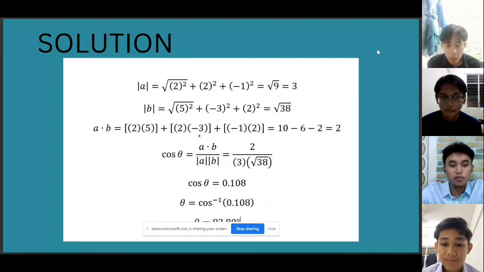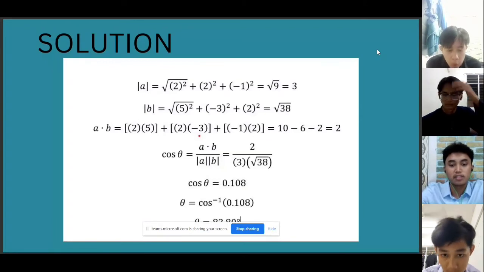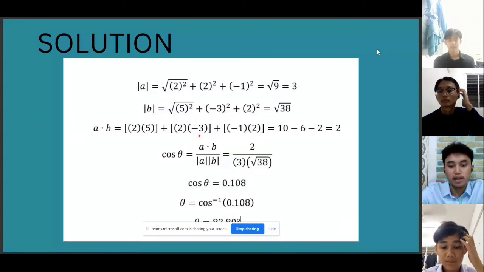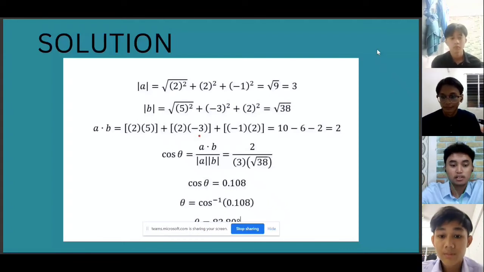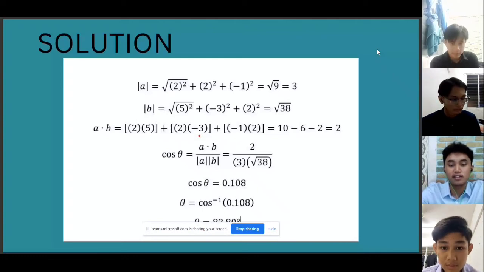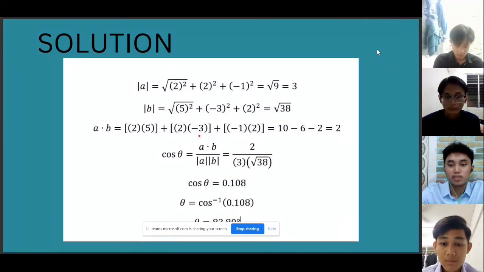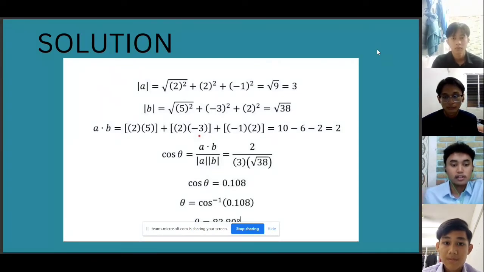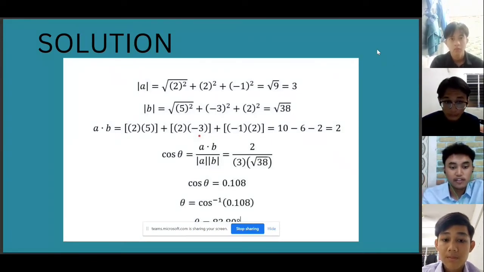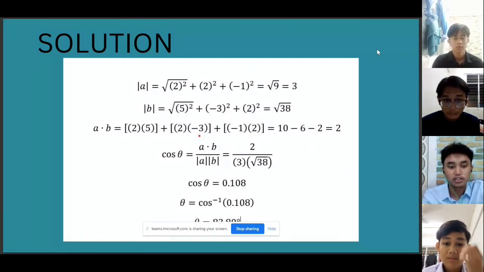Then we move to the dot product, multiplying the corresponding components. We get 2 times 5 plus 2 times -3 plus -1 times 2, which equals 10 minus 6 minus 2, and the answer is 2. So we plug everything in, and we get 2 on the top over 3 times root 38.